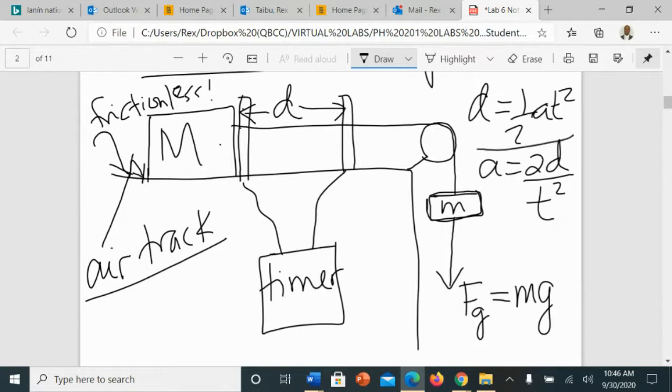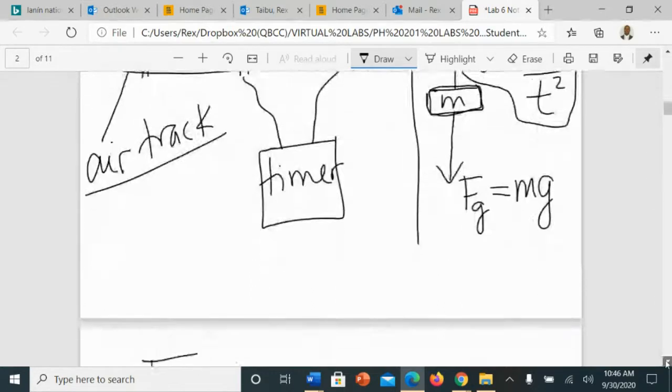So if I know the distance and the time, I can find the acceleration. So acceleration is just twice d divided by time squared, as long as I start the car close to the first gate. In other words, I want the initial velocity to be 0.